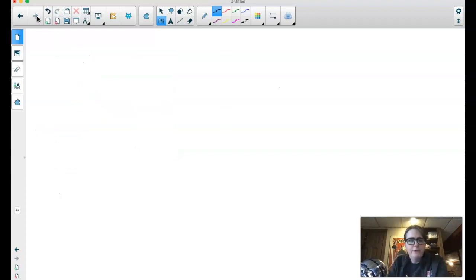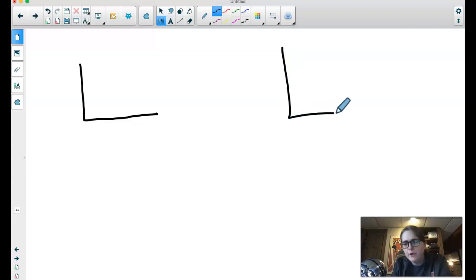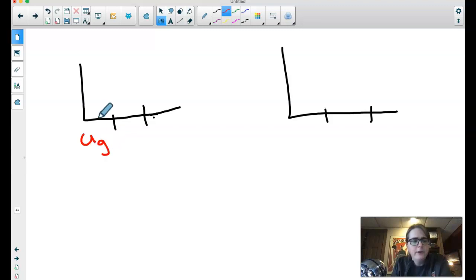Now that we have this formula, I can actually do some more accurate bar charts for this situation. So once again, I'm going to assume it starts with all of its energy as gravitational.